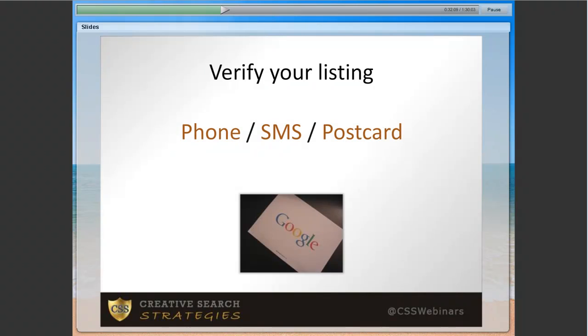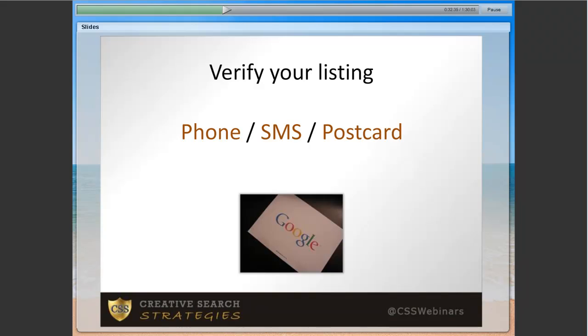Now, once you've filled out all that initial information, and it doesn't take that long, depending on where you are in the world and on your account, there are different ways you can verify your listing. Google needs to prove that you are who you say you are, that you belong to the company that you say you belong to, and that you are a real entity.